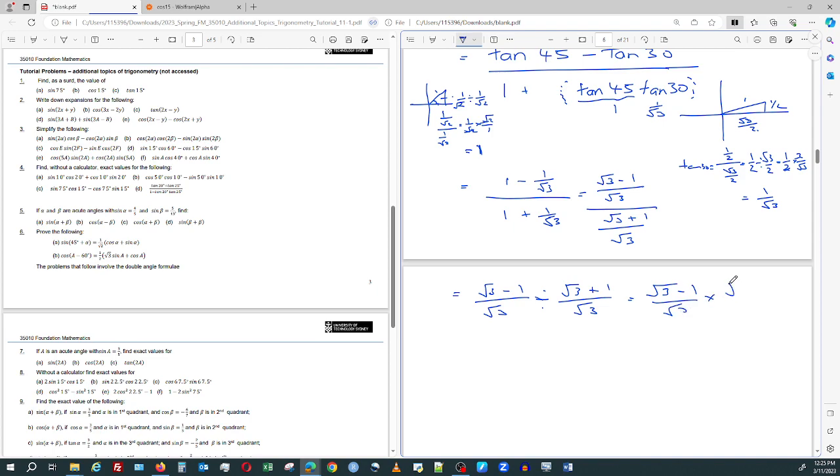Times root 3 over root 3 plus 1. They're going to cancel. So we get root 3 minus 1 over root 3 plus 1. So that's our final answer. Okay? And that's how we arrived at it.